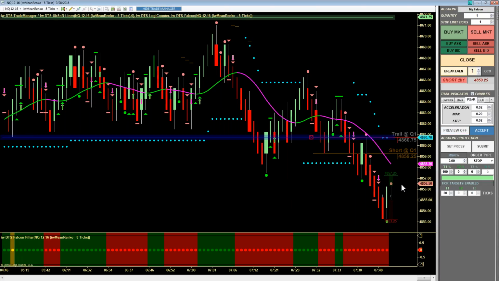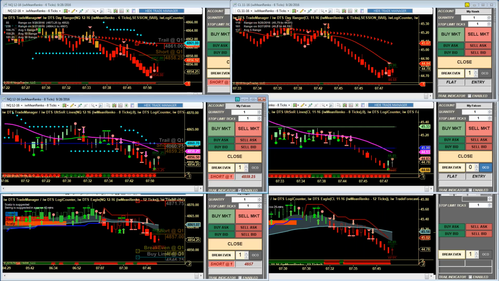On this next swing, if we can ride out this next swing, I think I'll go into the parabolics. Because we're getting down here to this 48.53 area, we might see a little bit more buying come back into the market.